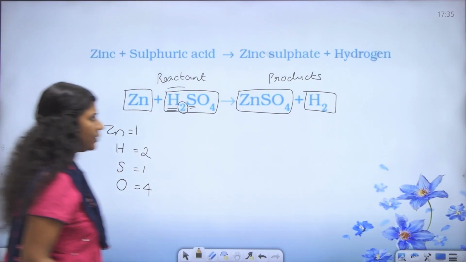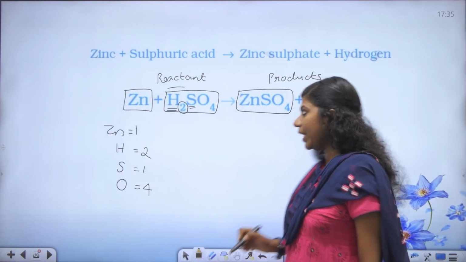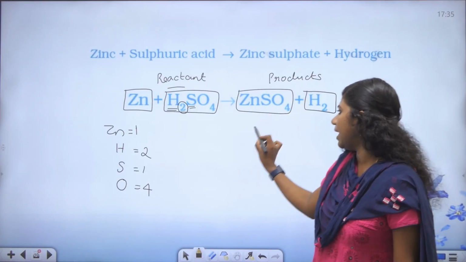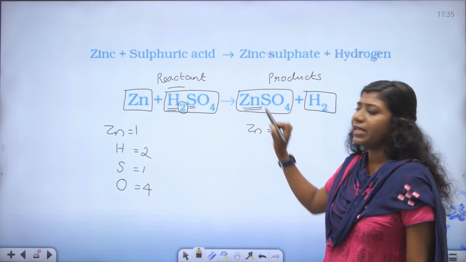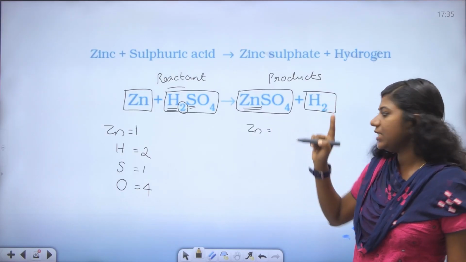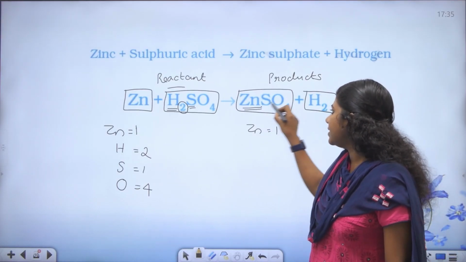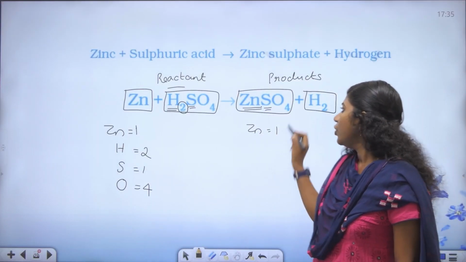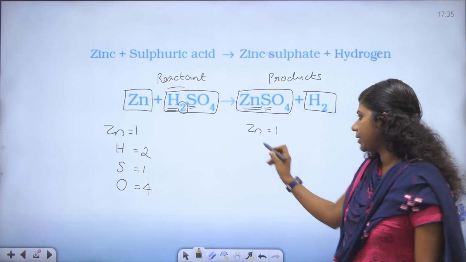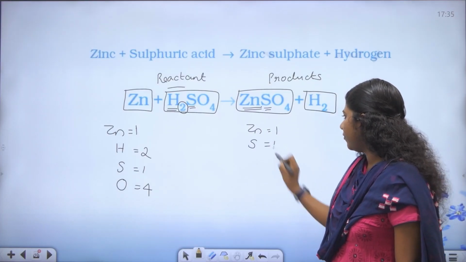Then the product side. The number of zinc atoms in ZnSO4 is only 1. The total number of sulfur atoms in the product side is only 1.